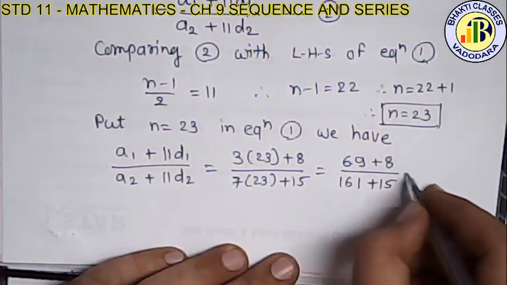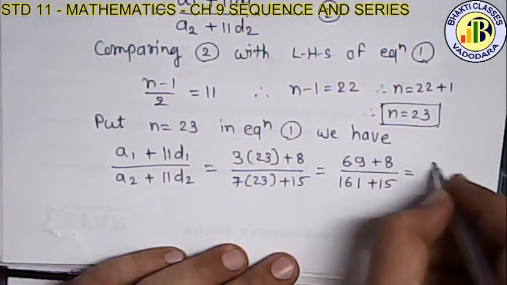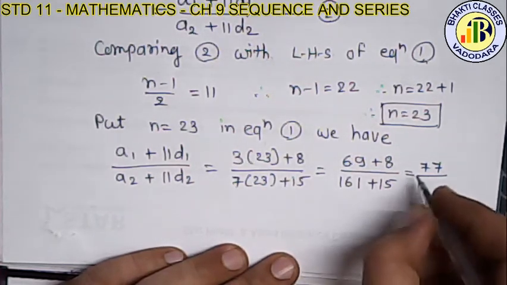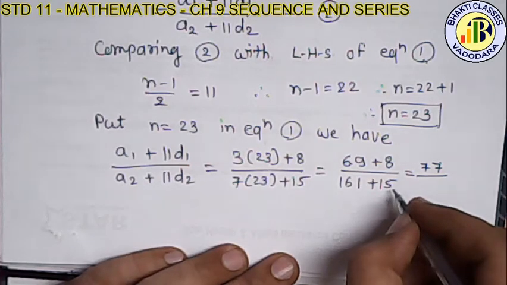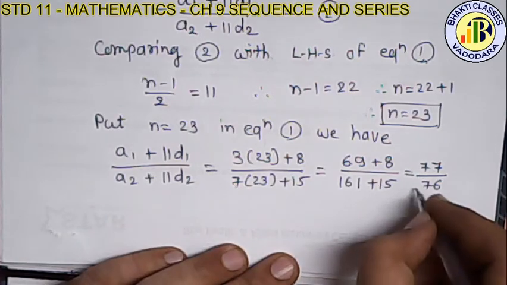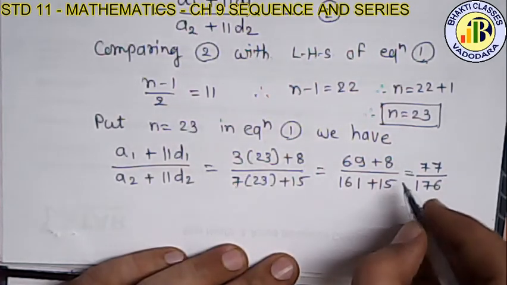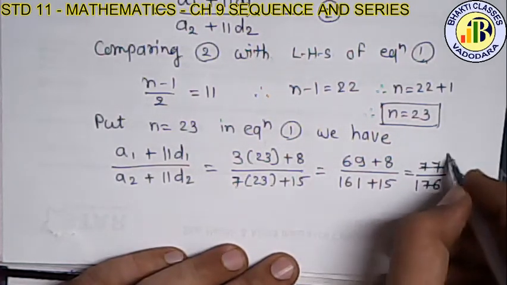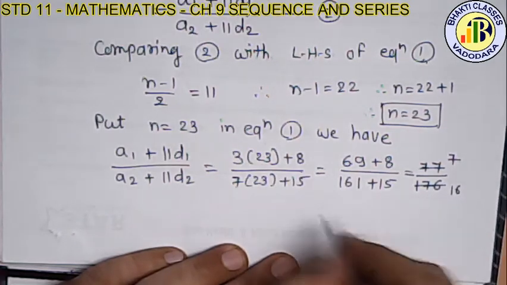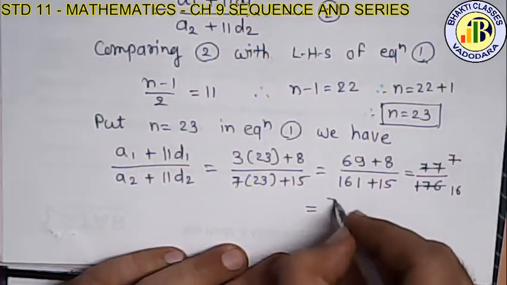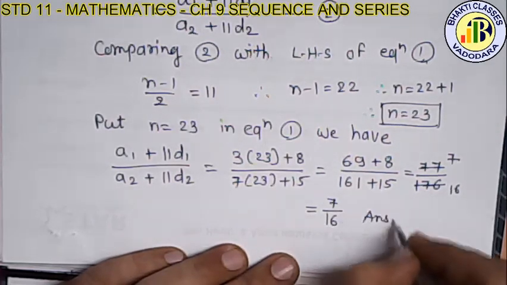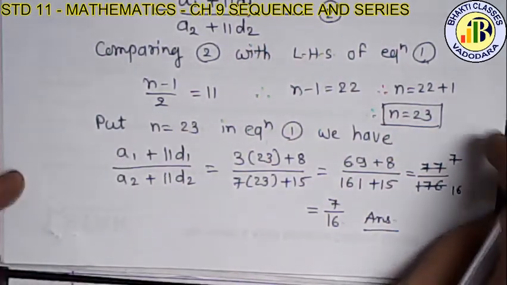This gives us 77 upon 176. If we divide it by 11, 7 elevens are 77 and 16 elevens are 176. So our ratio would be 7 upon 16. This is our answer.